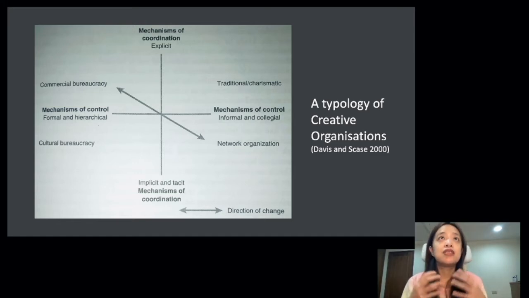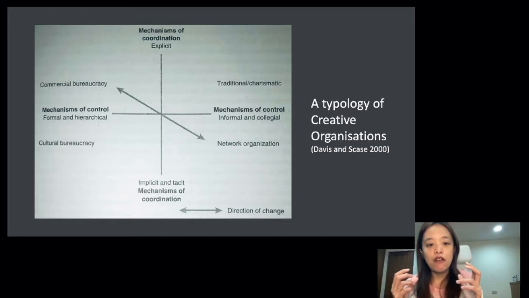So when we think about it, specifically, large institutions that have a lot of different departments and employees all within a big corporation would usually be categorized as this. And for the other type, which also has explicit coordination but an informal mechanism of control, it would usually come down to the traditional and charismatic type of organization.